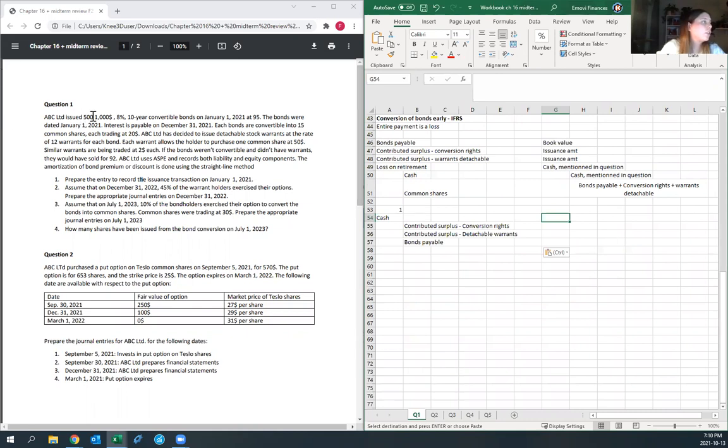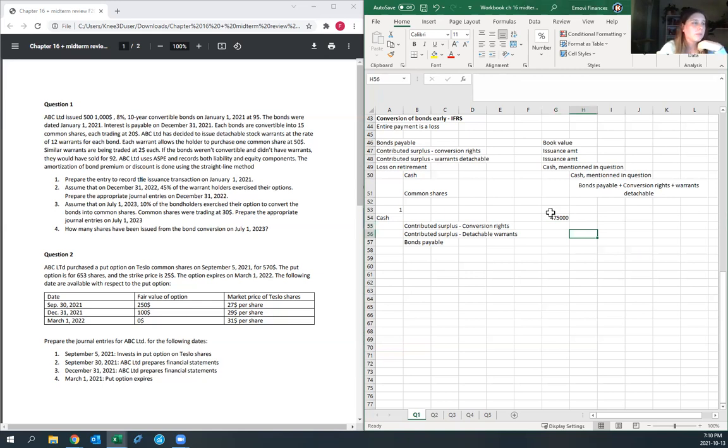So you have 500 bonds valued at $1,000 each. So you're going to do 500 times $1,000, and they were issued at 95, so it's 95% of their value. So 475,000. Your conversion rights, we're going to find them at the end.